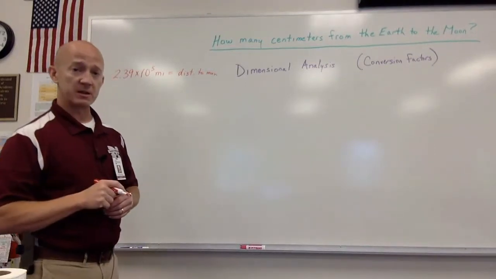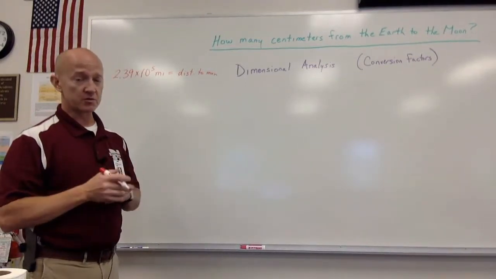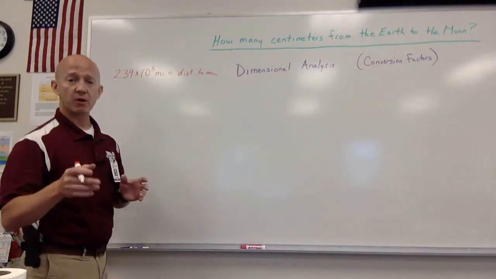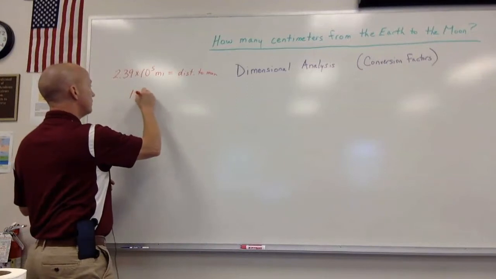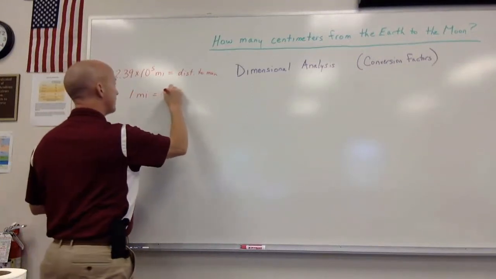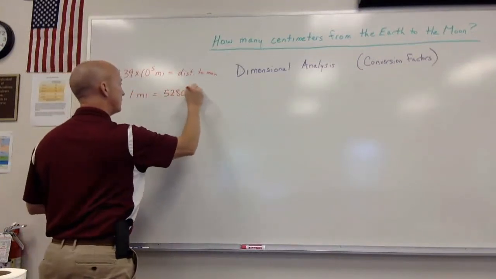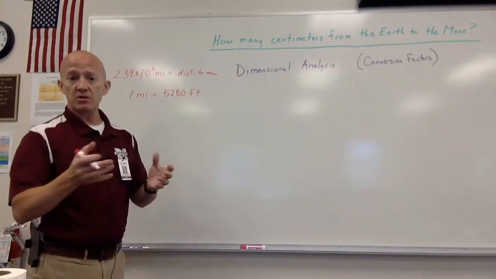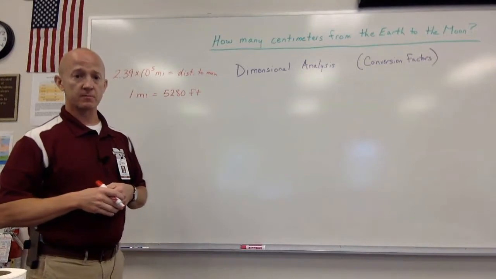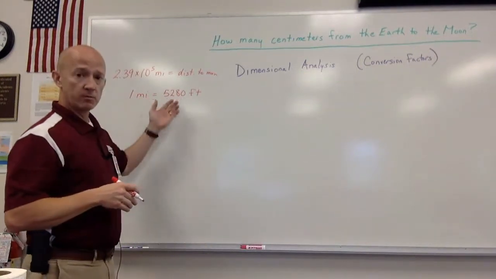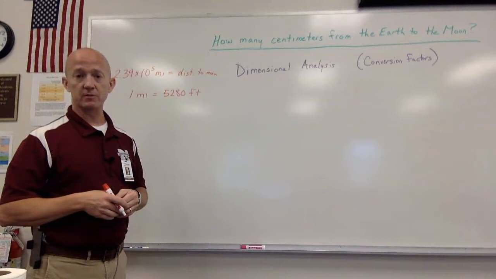So that's one equivalence statement that we'll use for a conversion factor. Well, how about how many feet there are in 1 mile? 1 mile equals 5,280 feet. These are equivalence statements we can use again to make our conversion factors. Both are equal, just expressed in different units.